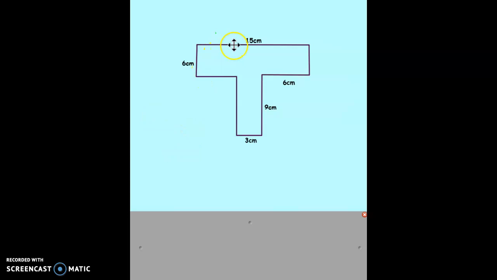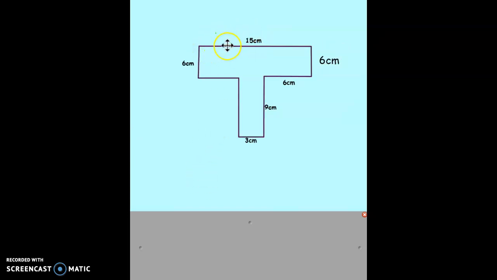This one's slightly trickier. We've got a missing side here, but look, it's just the opposite side here that's the same. 6 centimeters. And here we've got a side that's 15 centimeters. We need to find this missing side here.